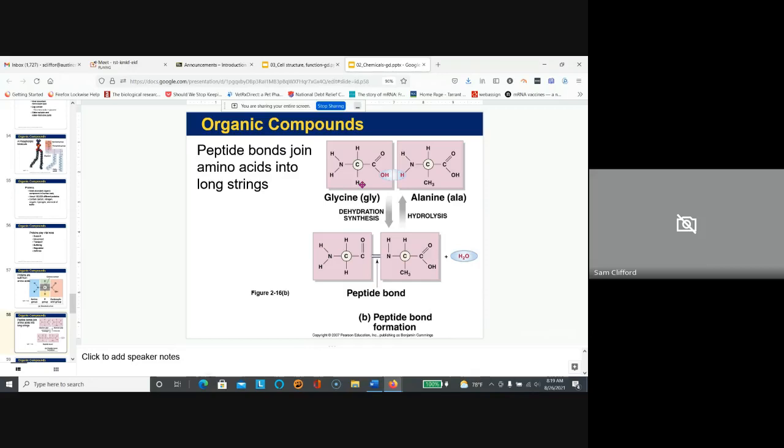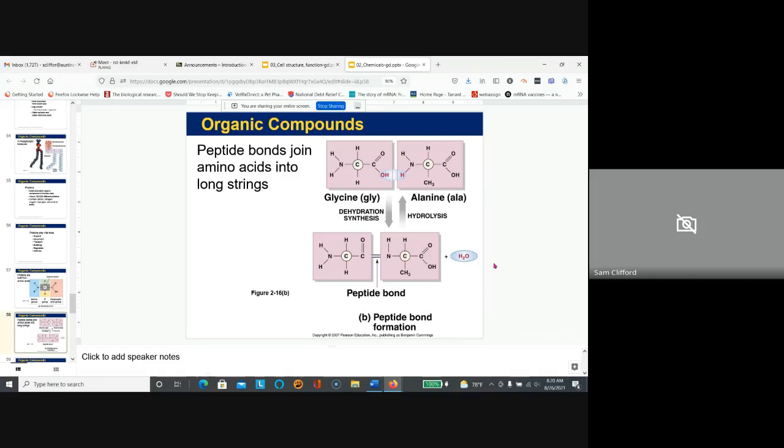You build thousands of proteins, from myoglobin to hemoglobin to muscle proteins like actin and myosin and so on. Make sure you know this reaction that forms a peptide bond, joining two amino acids and removing water.